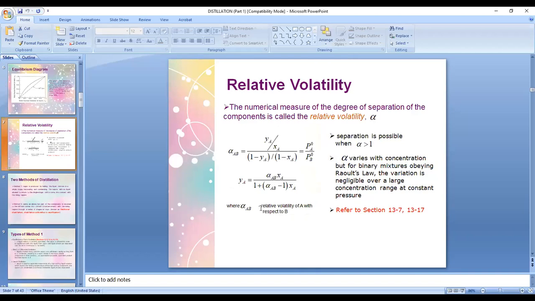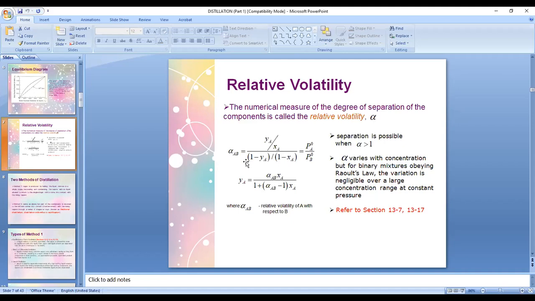Now, this is the degree of separation, by the way, of the components in your original feed. It could also be expressed in terms of the ratios of the mole fractions. So you have YA over XA, Y for the vapor and X for the liquid, divided by YB over XB, that is, (1 minus YA) over (1 minus XA) in the denominator.